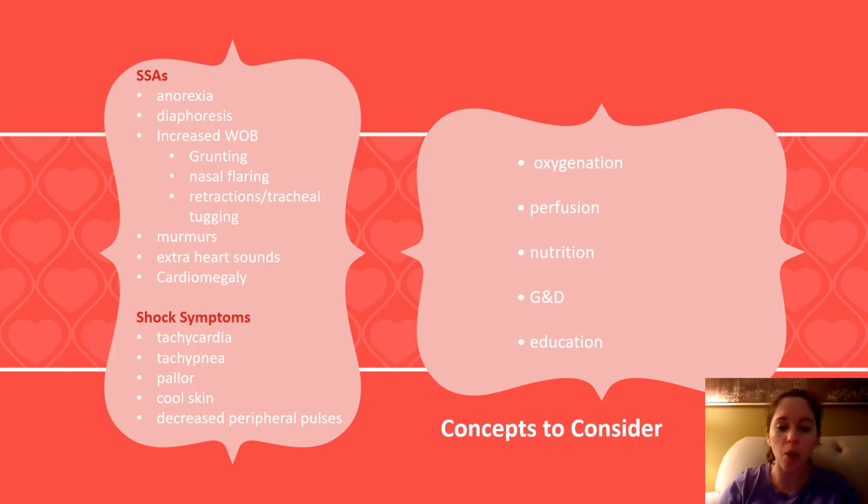If our heart is not working properly and we have a backup of fluid and it's really compensating and working extra hard and not able to function correctly, we can end up with different types of shock. And one of those shocks is cardiogenic shock. We never want to get to a place where we're in cardiogenic shock.